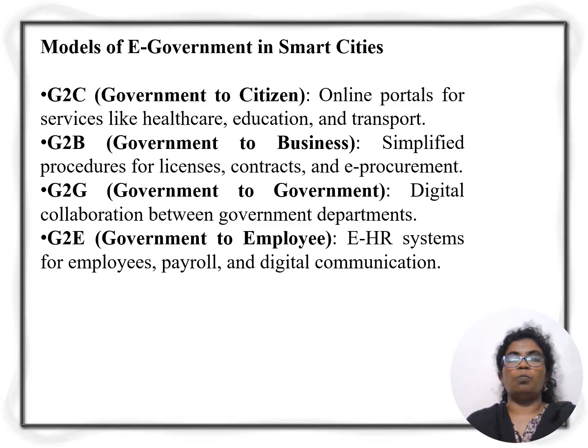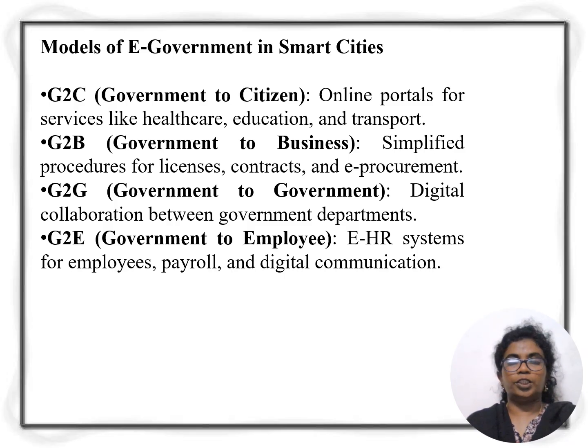These are all some of the models of e-government in smart city. The first one is government to citizen, that is G2C: online portals for services like healthcare, education and transport. Next one is G2B, government to business: simplified procedures for license, contracts and e-procurement.